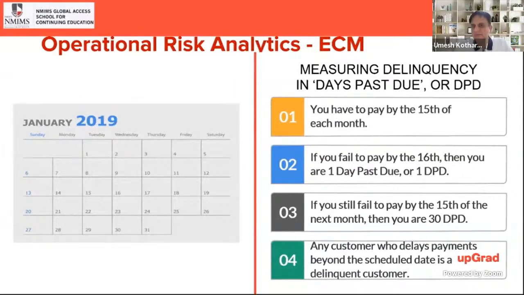So if you're supposed to pay on the 15th, and you don't pay till the 16th, it's obviously one day past due, but less action will be taken. And in banking terminology, they call it bucket-wise analysis. So, bucket A, B, C, D, E. And if you are in bucket C, it means that portfolio of customers is vulnerable.